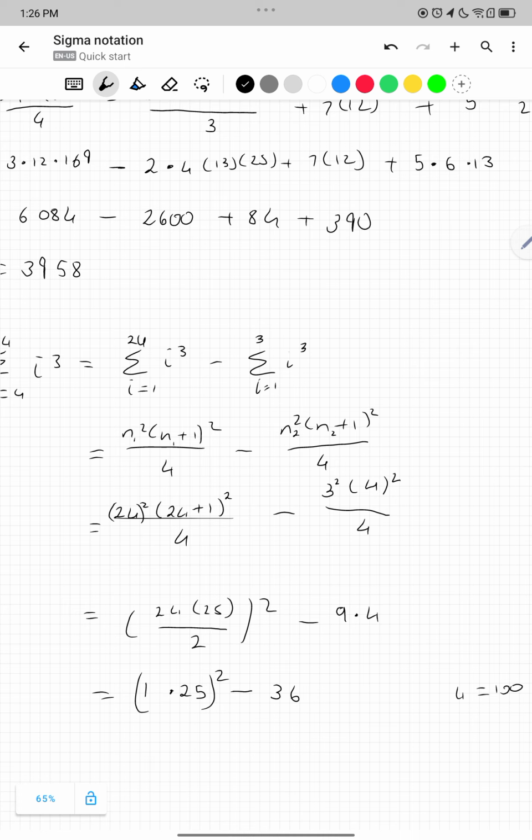This is now 12. Yeah, now it makes sense. So 12 times 25 is 300 all squared. 90,000 minus 36. It's 89964.